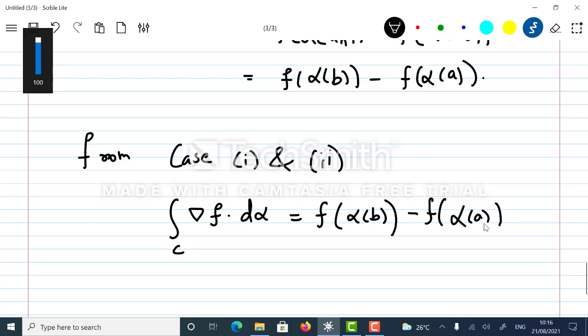So this completes the second fundamental theorem of integral calculus for the line integral. On the same line, we will be proving the first fundamental theorem also. So in the next lecture, we will have the first fundamental theorem for the line integral. Thank you.